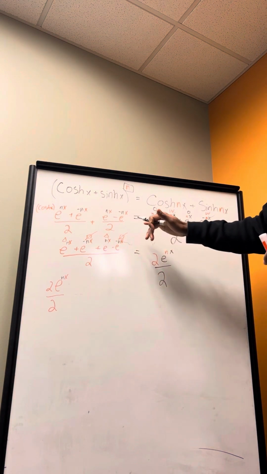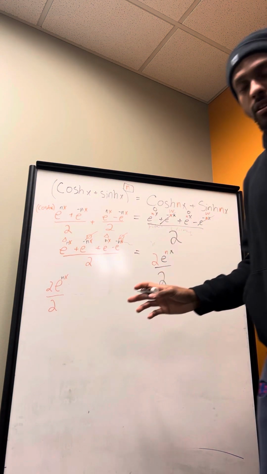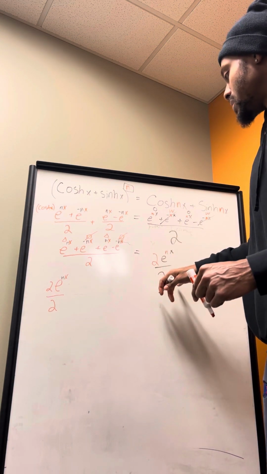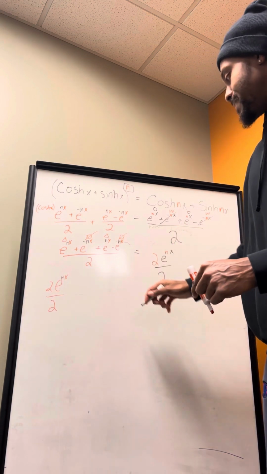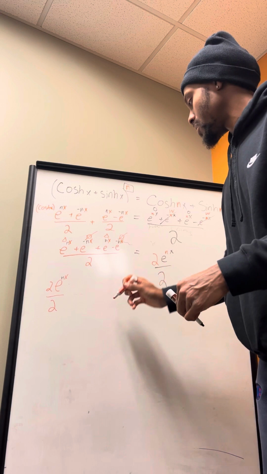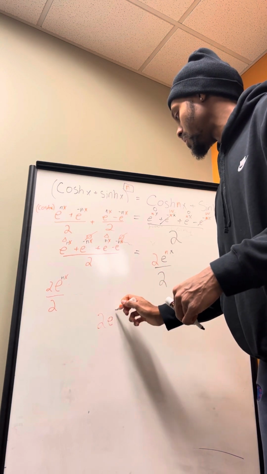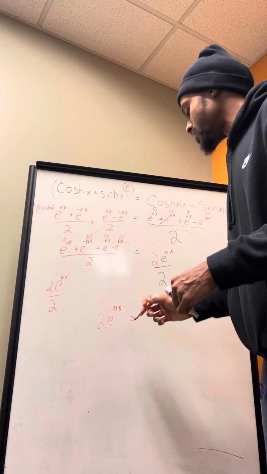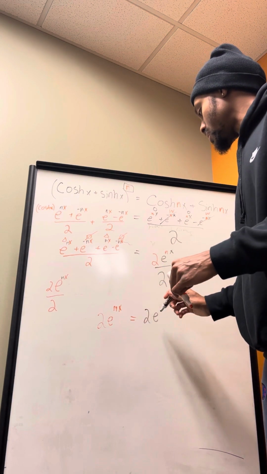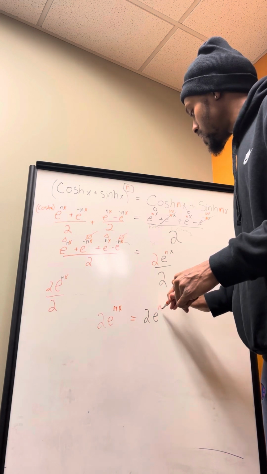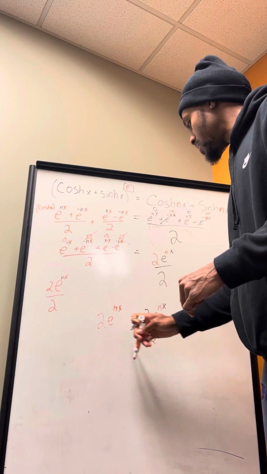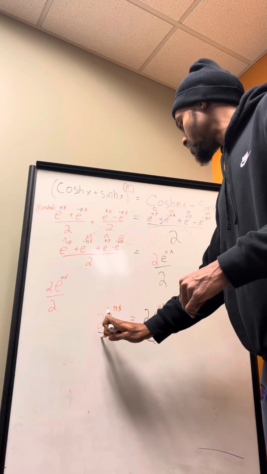So these proofs are relatively equivalent, and I'm gonna clean the work up so it doesn't look crazy. But as you see, we have 2e to the nx here, 2e to the nx here. So we really have 2e to the nx over 2 equals 2e to the nx over 2.